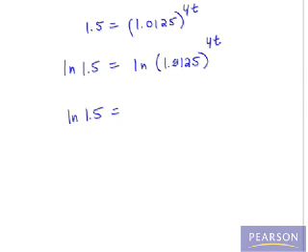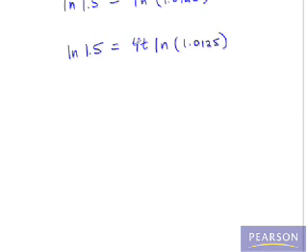On the right hand side, the power property for logarithms says that we can bring the exponent down in front of the logarithm. So the natural log of 1.0125 raised to the 4t is the same thing as 4t times the natural log of 1.0125. So it gets the variable out of the exponent position.